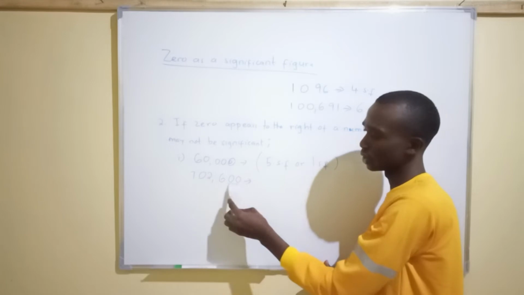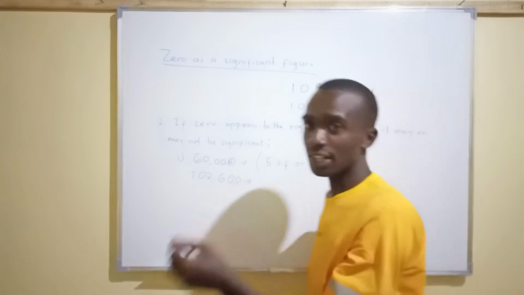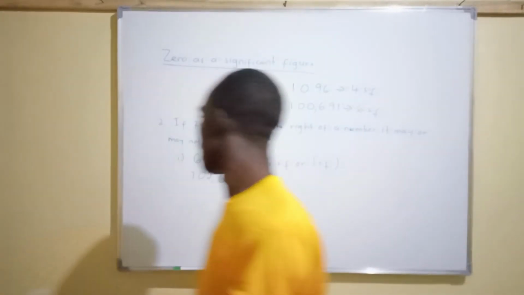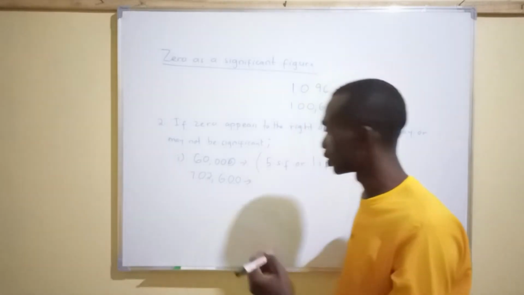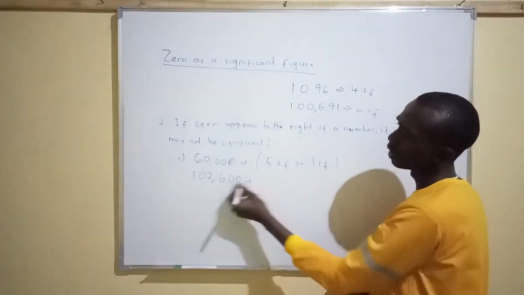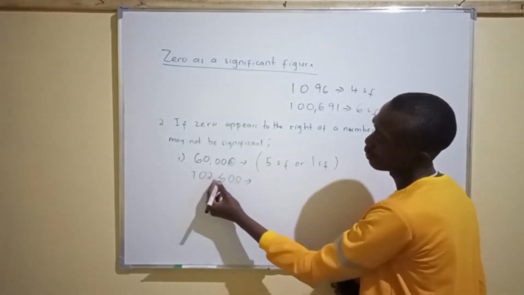But these two zeros that appear on the right can be counted, or at the same time, they cannot be counted as significant figures. Now let us look. We have 1, 2, 3, 4, 5, 6.